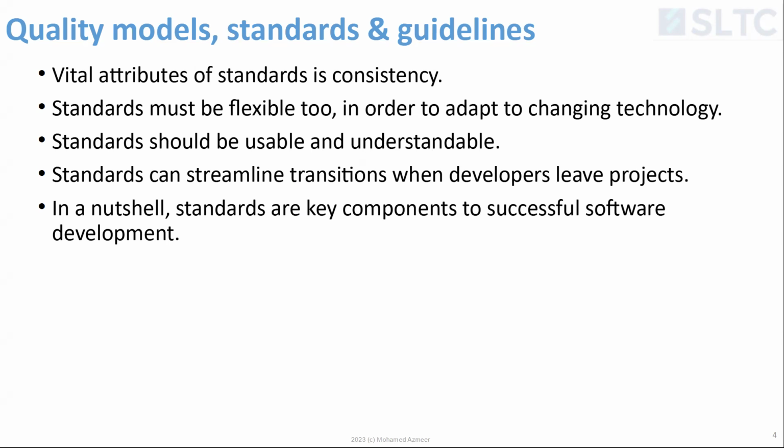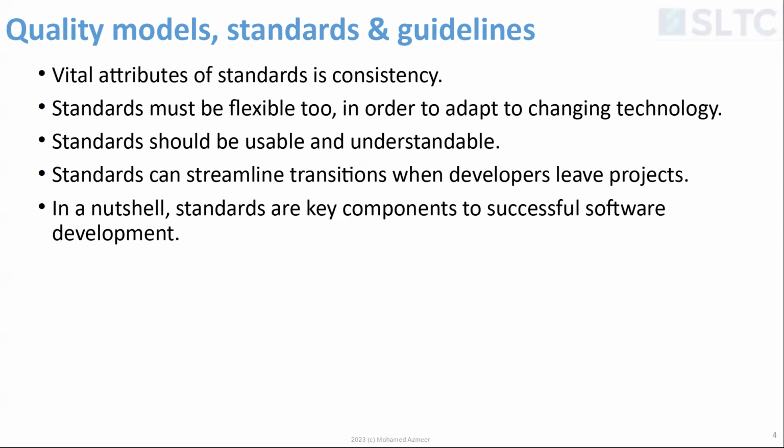But at the same time, the standard should be flexible also. Now, what does that mean? If we are doing the same standard that was invented 50 years ago, that's also bad, right? Technology is changing. A good example is actually ISO. When ISO came along, everyone wanted to jump at it and say, here's the way of going forward.